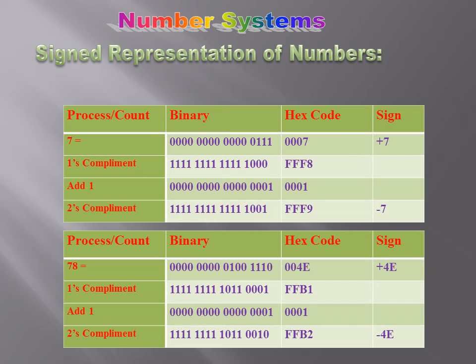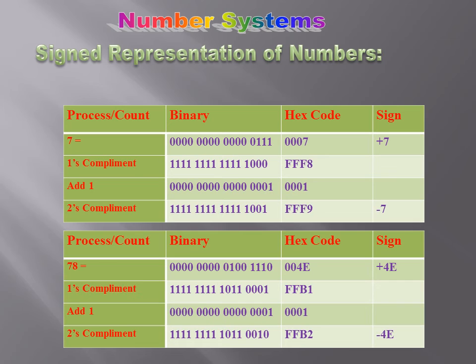If I take its 1's complement, all 0 bits will be 1, and all 1 bits will be 0. So the number generated is FFB1. And if I add 1 to this 1's complement, it will become FFB2. This is the 2's complement, and the 2's complement is the negative of this number.